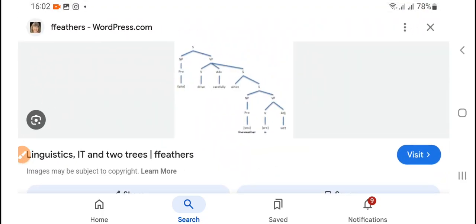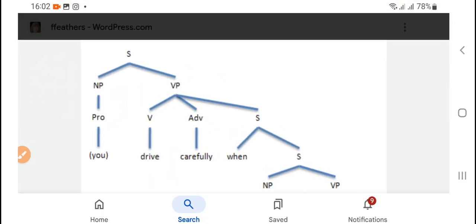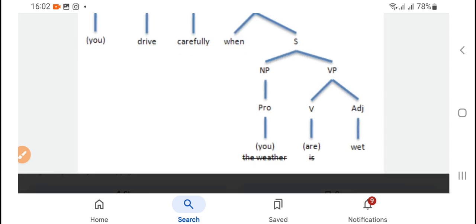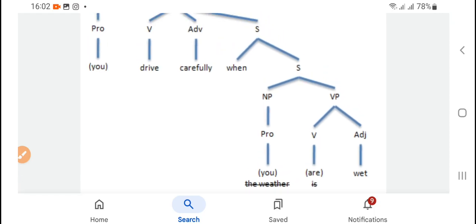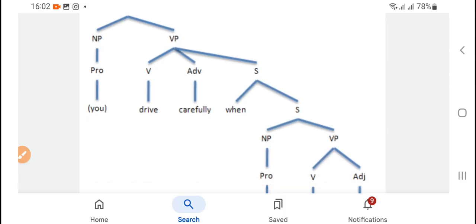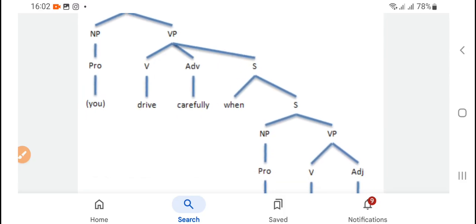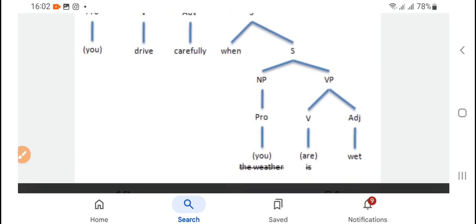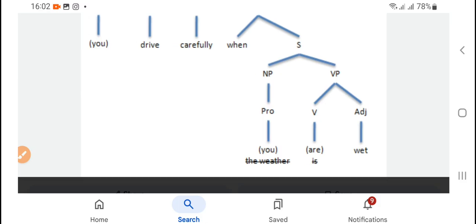Okay, now next is, you drive carefully when you are wet. Now you, noun phrase, pronoun. Now drive carefully, drive verb, carefully adverb, right, again sentence, when you are wet.